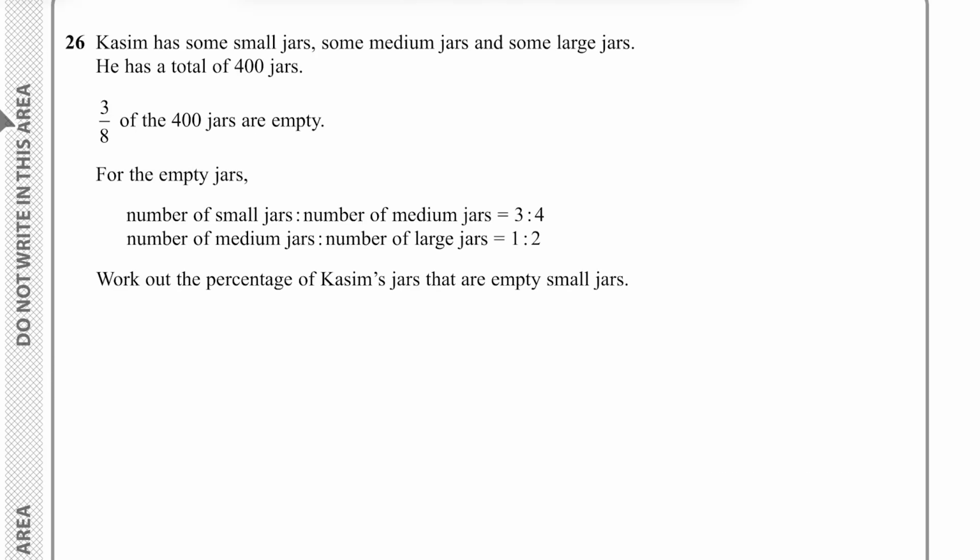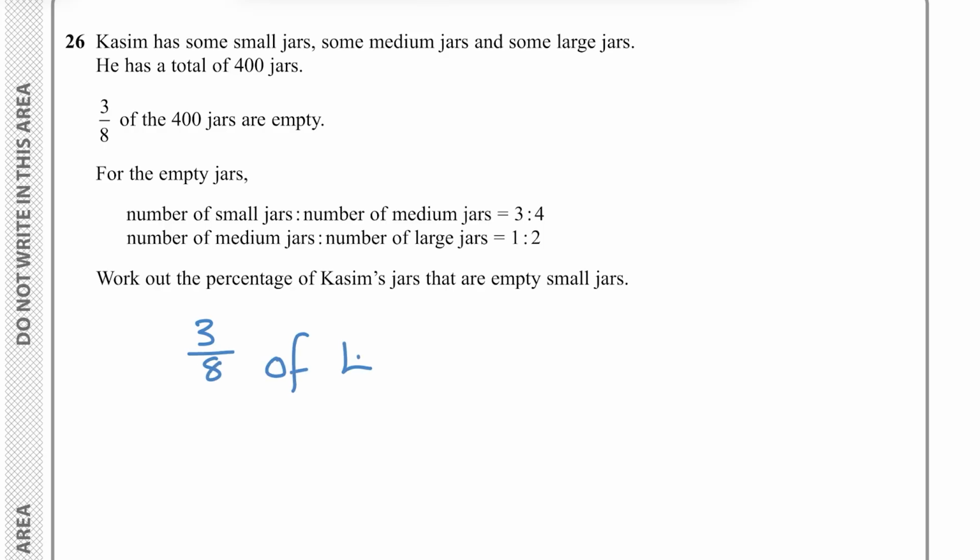Let's start off with what we know. So we've got 3/8 of the 400 jars are empty. Let's work that out first. So 3/8 of 400. Now, whenever you see an "of" in maths, it just means multiply, just means times. So you can rewrite that as 3/8 multiplied by 400.